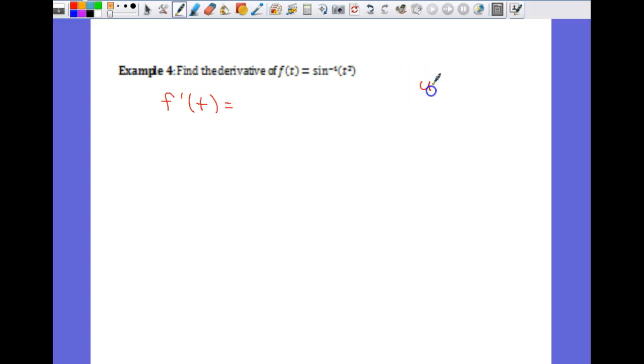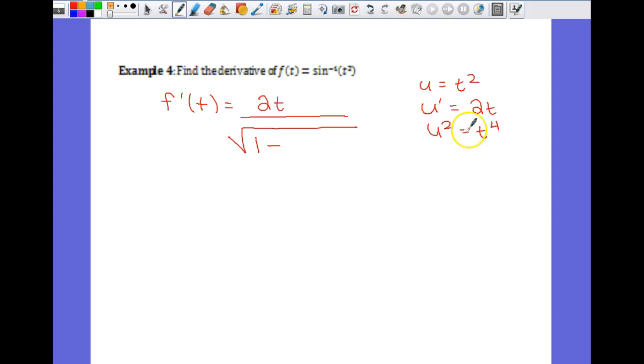In this case, u is t squared, so the derivative of u is 2t, and that goes on top. Then u squared in this case would be t to the 4th, because t squared times t squared is t to the 4th. So it would be 2t all over the square root of 1 minus t to the 4th.